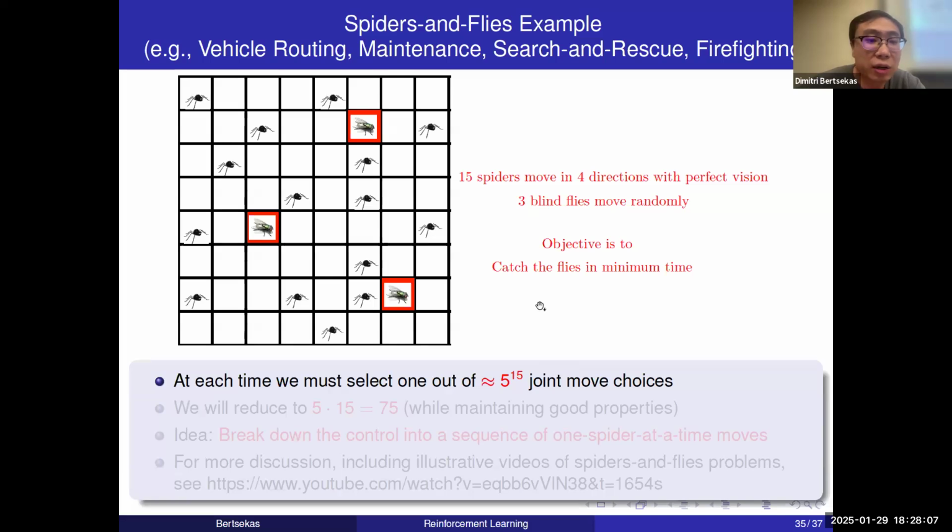Now, let's look at a very interesting small example, which is the spider and fly example. Despite being very simple, it can be used in a variety of contexts, including vehicle routing, maintenance, search and rescue, and firefighting examples.